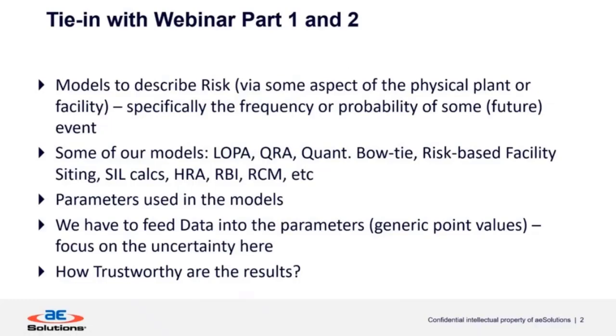Just to do a quick recap of parts 1 and 2, primarily involved describing risk and models and/or equations to calculate risk. And in this context, we're talking about a likelihood component of risk.